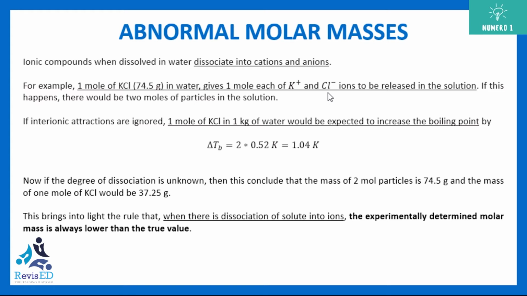Very important. So this is actually increasing the effect on colligative properties, because we have added 2 moles in the solution, so the colligative property should be affected double. If you calculate delta Tb, it should be double of the original value.